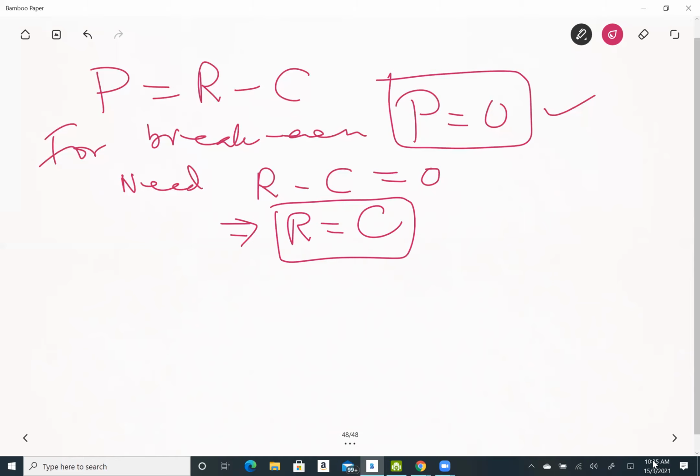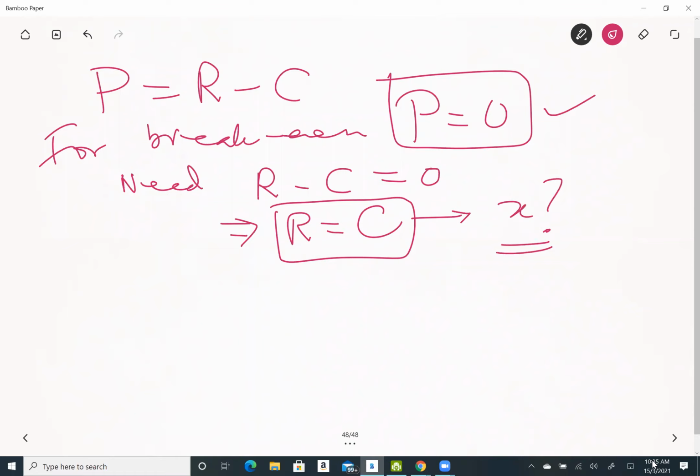So here you relate to the revenue and the cost. So when you have R equal to C, you know that C is the cost of producing the different units of the good. Revenue is your income from selling. So when R equal to C, then what can you say about the X? The X sold, and the X produced.